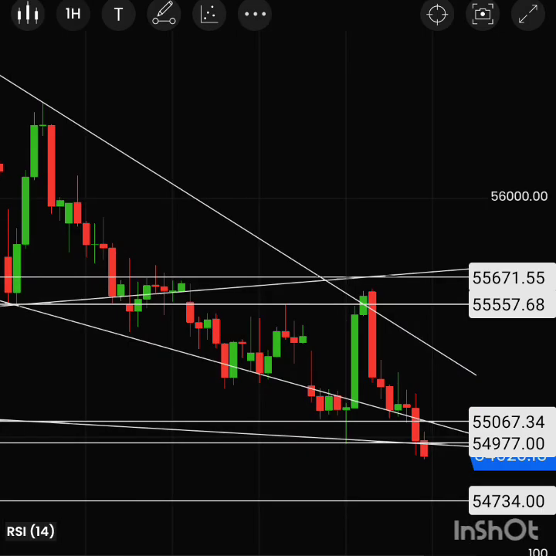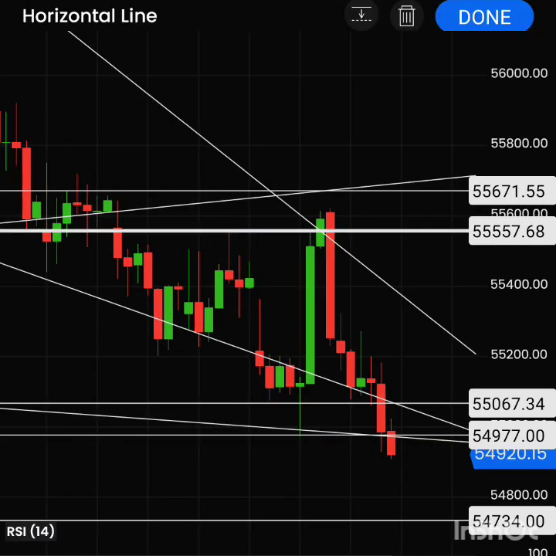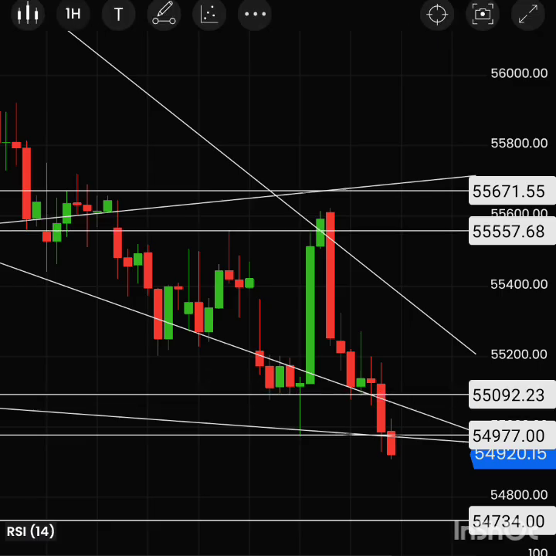Bank Nifty, I already mentioned in the last video that we will have a slightly positive view above this 55,550, but we need to cross above this one, that means 55,670. You can see that we made a high of 55,650 and didn't close above it, and after that you can see the sell off from here, and we were at a support around here, the 55,090 range.